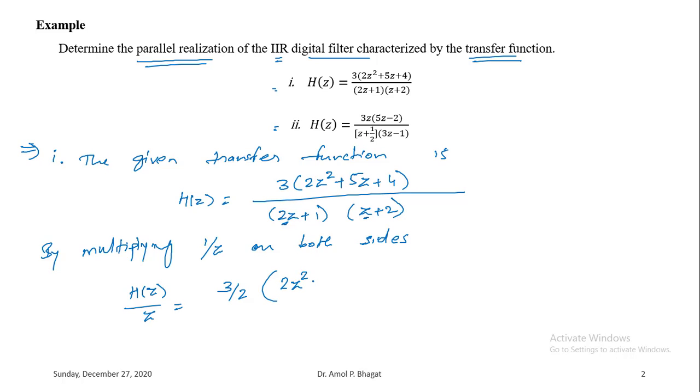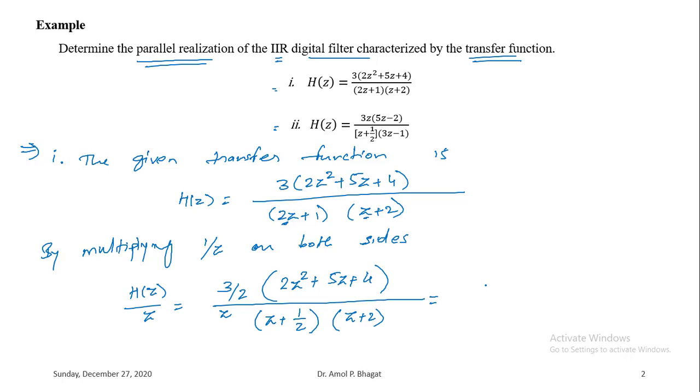Remaining bracket I will keep as it is, 2z square plus 5z plus 4 whole upon, I am multiplying 1 by z on both sides, so H of z upon z I have written, and this 1 by z is there, right? So these two I have taken common from this bracket, so in bracket what will remain, it will be z plus 1 by 2 will be there, and the remaining bracket will be as it is, z plus 2, right?